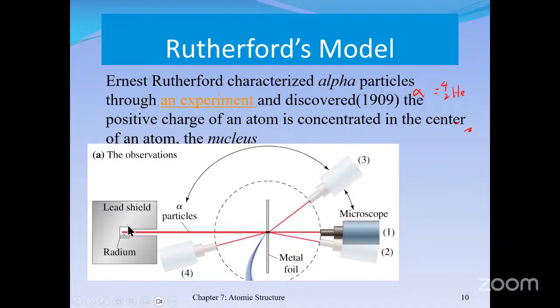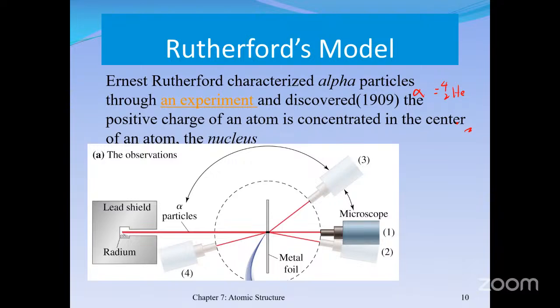Now, some will be deflected at an angle, such as following this path here or this path here. And there's some that would even be turned back, such as shown by this path here, right? But the vast majority of the particles will pass right through the gold foil. So that basically contradicts the plum pudding model, J.J. Thomson's model of the atom, right?